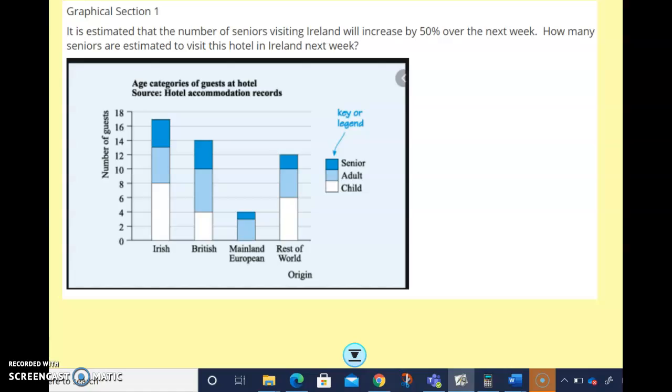Okay, second part, same graph. It's estimated the number of seniors visiting from Ireland. I've read this question wrong when I looked at it to begin with. So it should be the number of seniors from Ireland will increase by 50% over the next week. How many are estimated to visit this hotel from Ireland, not in Ireland?